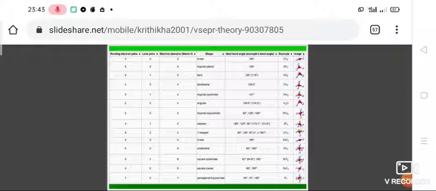How many electron pairs are available in the valence shell of nitrogen in ammonia? First what you have to do, we have to count the number of valence electrons of the central atom. Which is the central atom? Nitrogen. So nitrogen has how many valence electrons? 5 in its valence shell, and obtains 3 from 3 hydrogen atoms. So we have to add 1 electron from each monovalent atom.